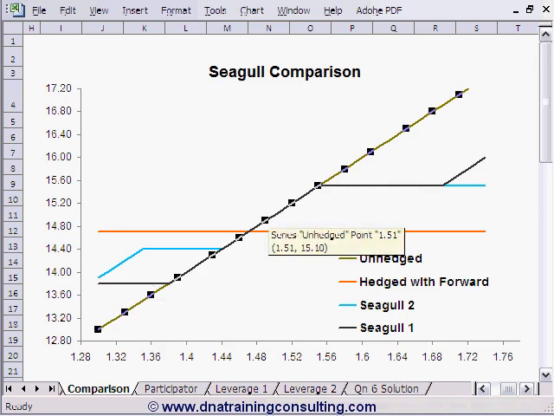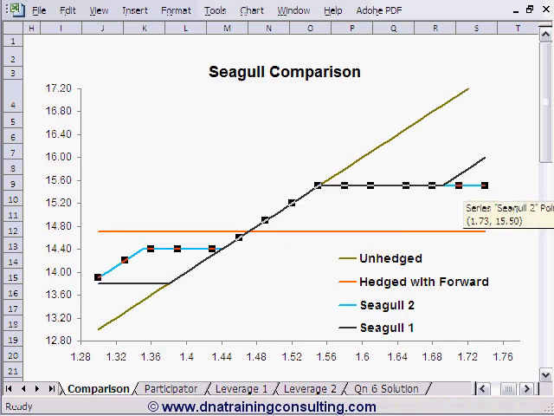Then in the middle, they're perfectly matched positions. In fact, you cannot even see the light blue color in Excel of Seagull 2 up this diagonal. And finally, on the extreme right, over here, Seagull 1's outperformance in black of Seagull 2.